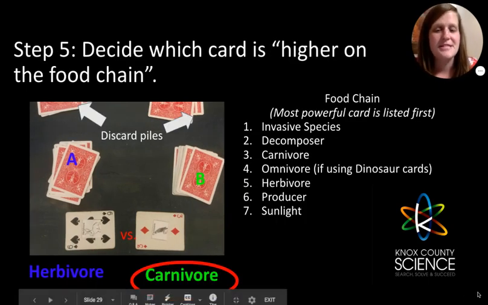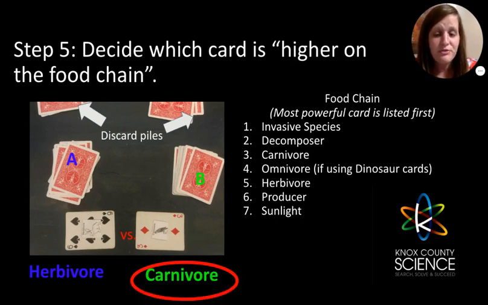Step 5, decide which card is higher on the food chain. For example, if one player, player A, flipped over a herbivore card, and the other player, player B, flipped over a carnivore card, the player who flipped over the carnivore card would take both the carnivore card and the herbivore card and put them into their discard pile.